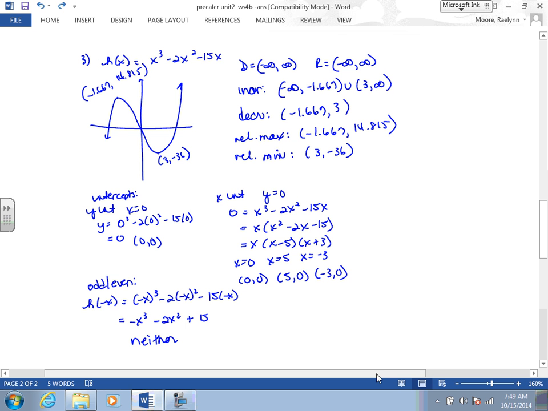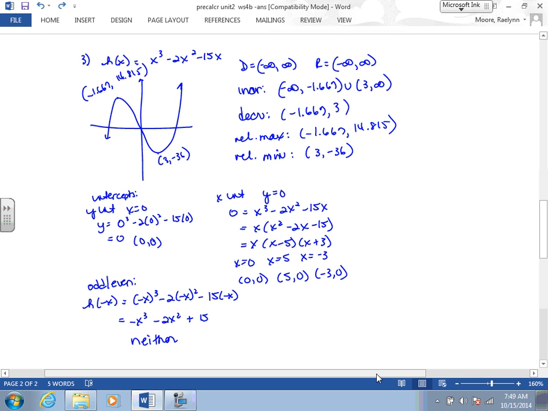Rule of thumb, 3 decimal places. And your relative min worked out nicely. So you can kind of tell from this it can't be odd or even, because if that was the case, these 2 points would be the same with opposite signs. So you know this is not odd or even. Make sure you plug it in and you prove this.